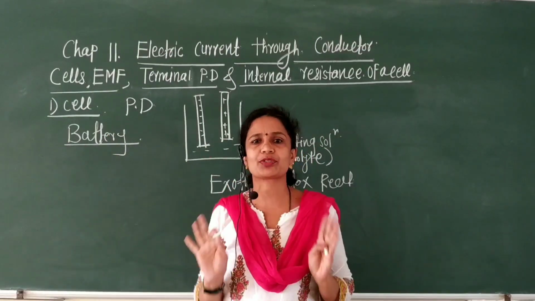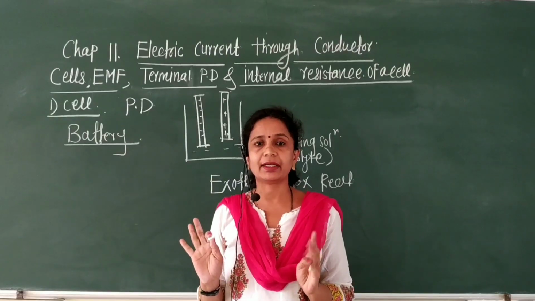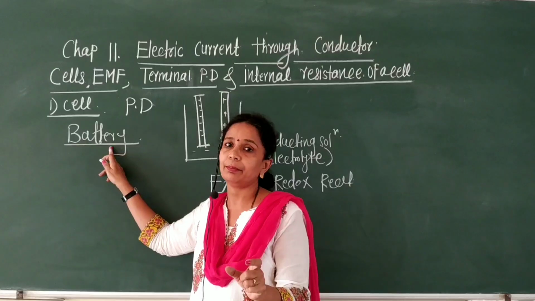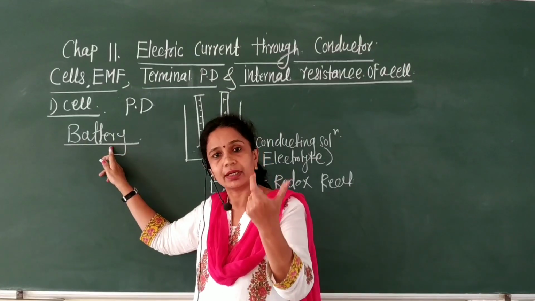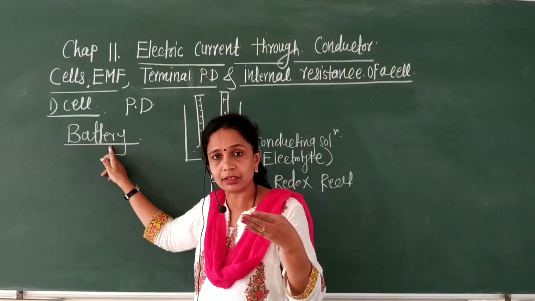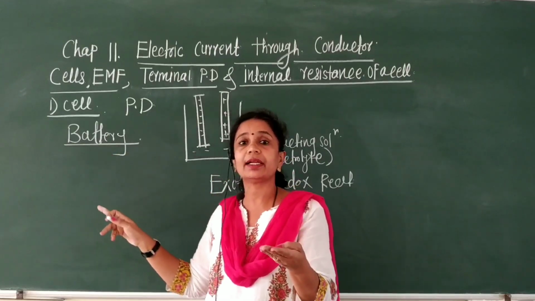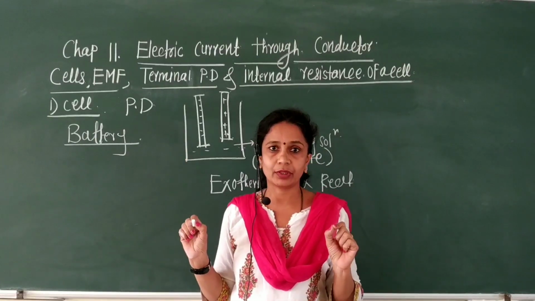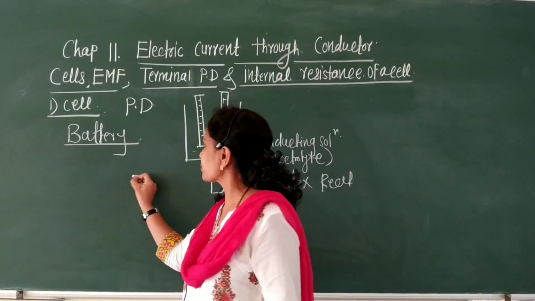Battery means a group of cells. They may be connected in series, one after another, or in parallel, with two common points. Then what is the symbol of a cell?